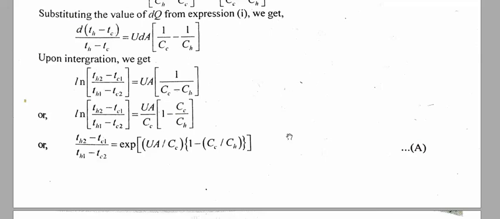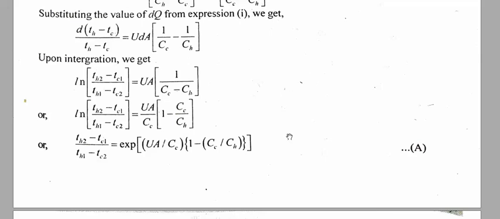Integrating both sides, from the left side we will get log of (Th2 minus Tc1) by (Th1 minus Tc2), and on the right hand side we will get UA into (1 by Cc minus 1 by Ch).